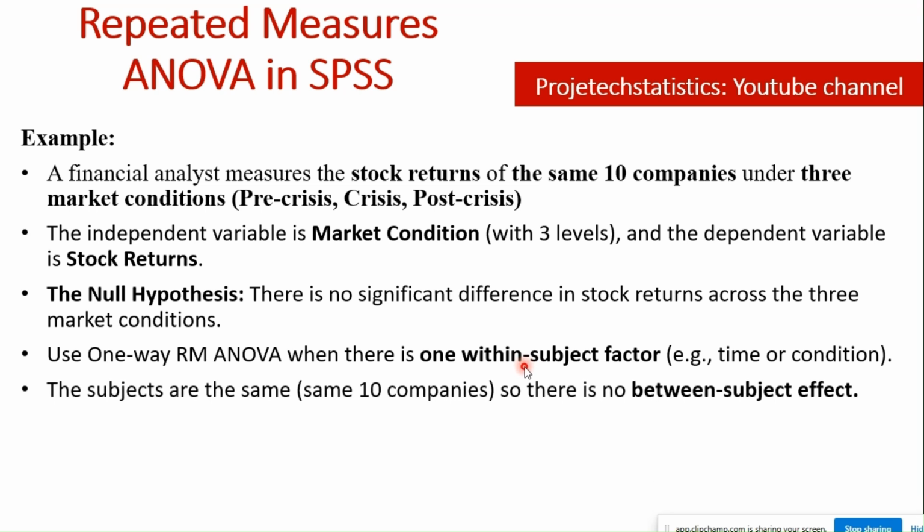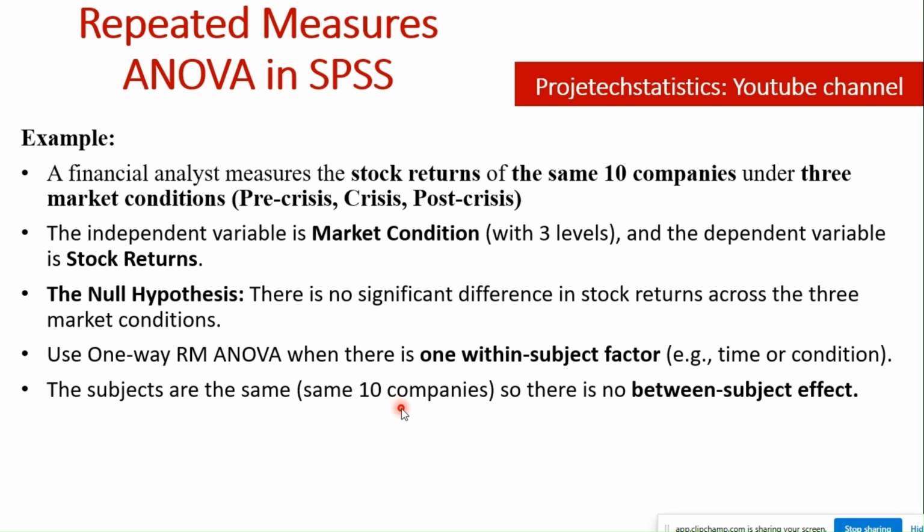The subjects are the same, which means the same 10 companies are used to carry out the experiment. So there is no between subjects effect. What it means here is that the subjects involved in the experiment are in just one group. We are not comparing one group of subjects to another group of subjects.